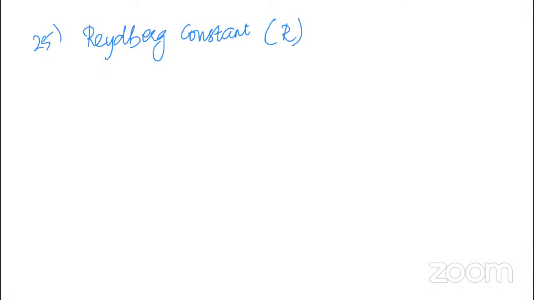Next one, Rydberg constant, that is R. This is calculated by a very simple formula: R is equal to 1 by lambda.